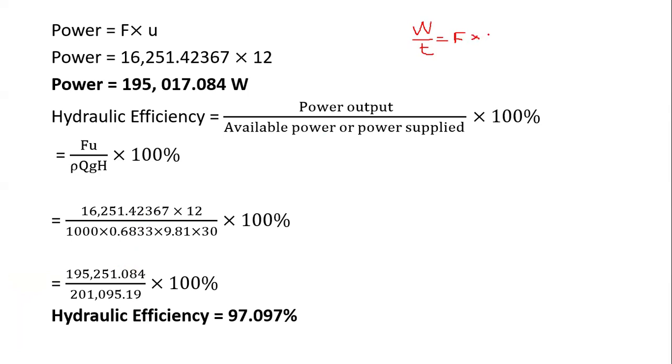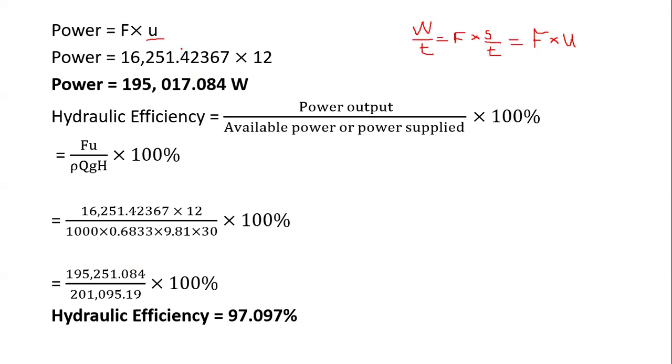So distance, I may decide to use the displacement, or simply D, but this time I'm deliberately using that. So if you notice, when I say displacement over time, the rate of change of displacement, this whole part here is velocity. So in this case, we're using velocity as U. So we're going to have F, which is the force, multiplied by that velocity, which is U. That is how come we have this simplified formula there.